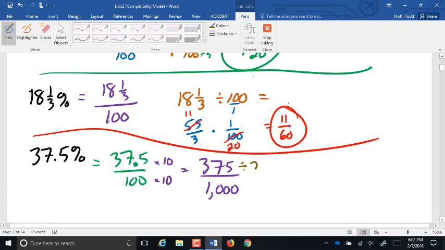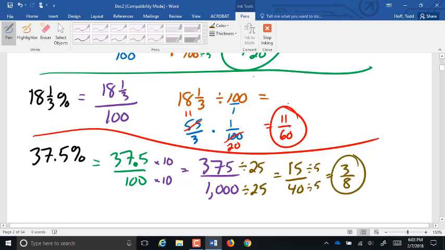Both of those can be divided by 25. Actually, there's something larger, but we'll worry about that in a minute. That ends up being, what, 15 over 40? You can still divide by 5 because it's 3 over 8.